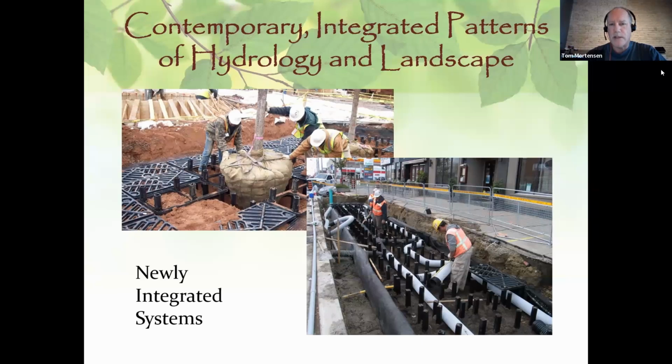You plant your trees, and they do so much better than if you try to plant them in a concrete vault surrounded by gravel. The other benefit too is that you can direct stormwater from the street or the paving into this series of pipes here, which not only water the trees but slow it down. And then eventually your last line of defense is getting into the storm sewer.